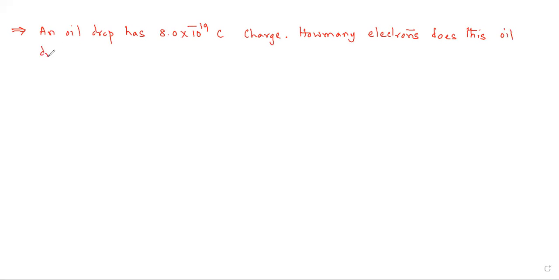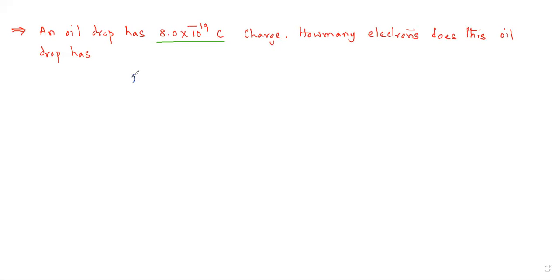See, an oil drop has 8 into 10 power minus 19 coulomb charge. How many electrons does this oil drop have? Simple. So this is the charge on the oil drop.